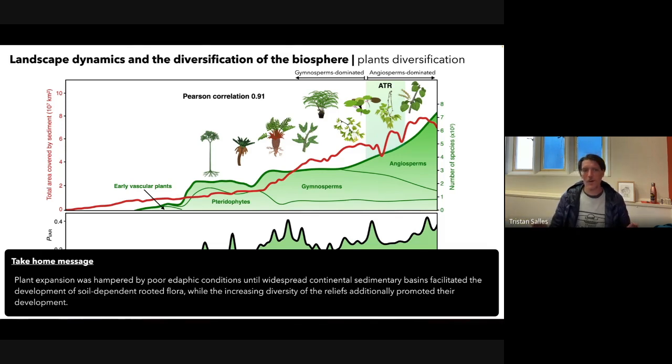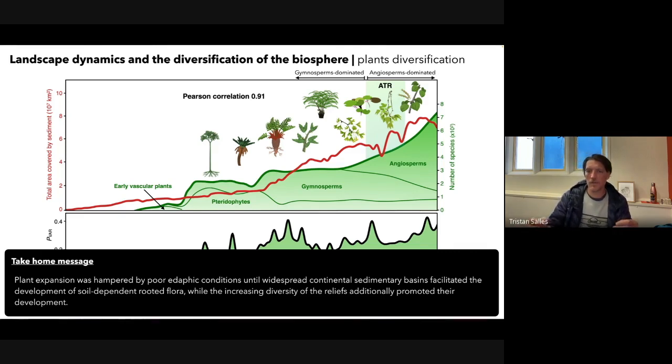Okay, so I'm not saying that this is fully explaining everything, but what we see is that there is a strong relationship between the two, regardless of which one is controlling the evolution of the other. From what we do in our models, basically the plants have no impact on the evolution of our sediment flux and on the formation of soil, because we are just tracking sediments in our case.